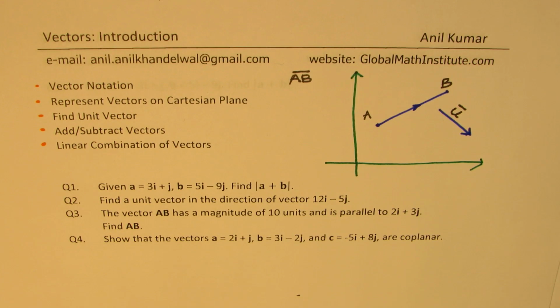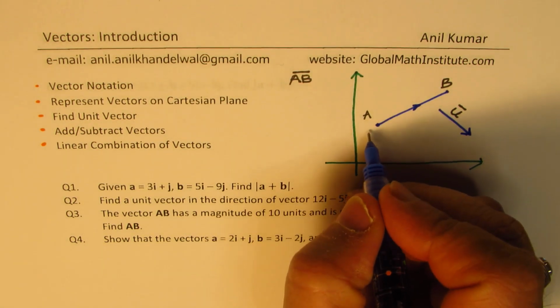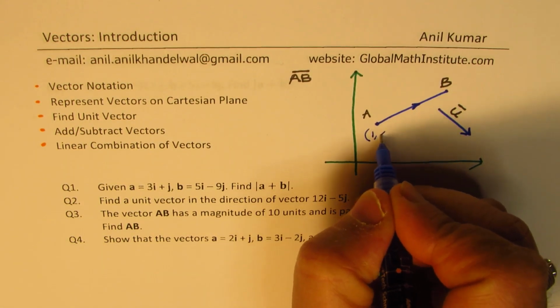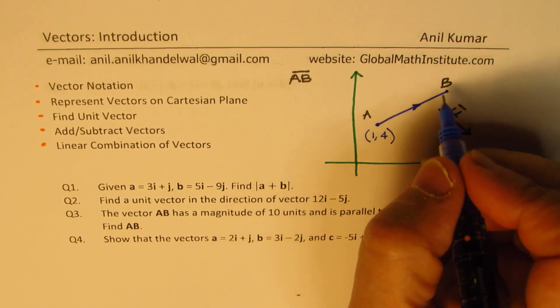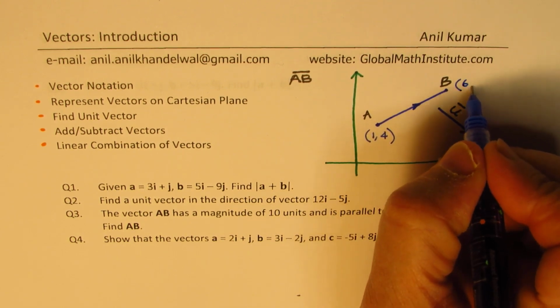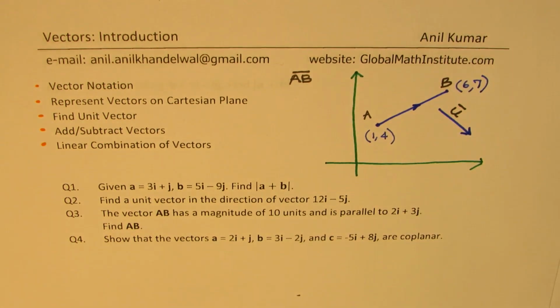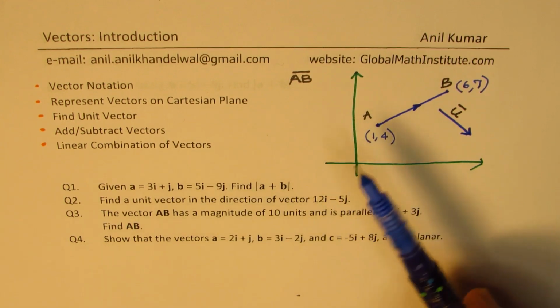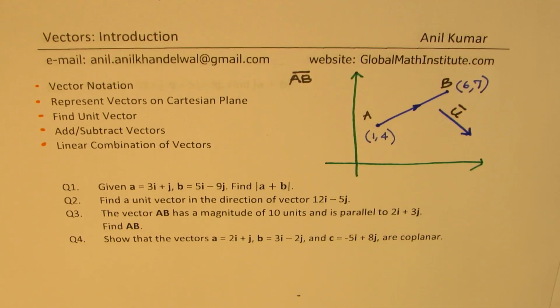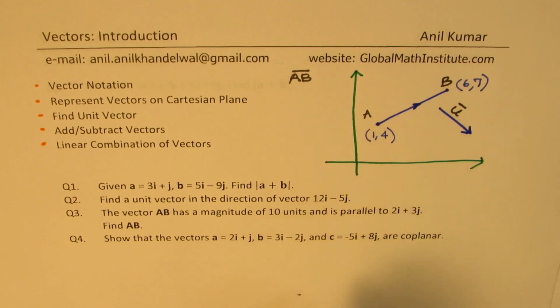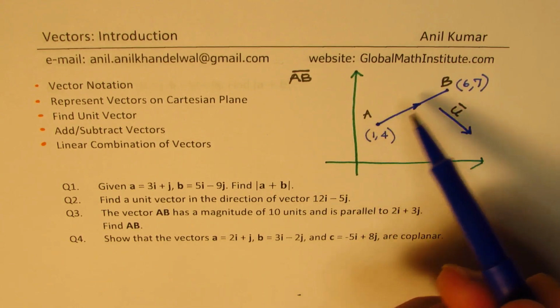Let us say that the coordinates of point A are, let's say, 1 and 4, and coordinates of point B are, let's say, 6 and let's say 7. Right? So that becomes the coordinates of point from A to B. Now in this case, we could represent the vector as it is in the direction from A to B, right?